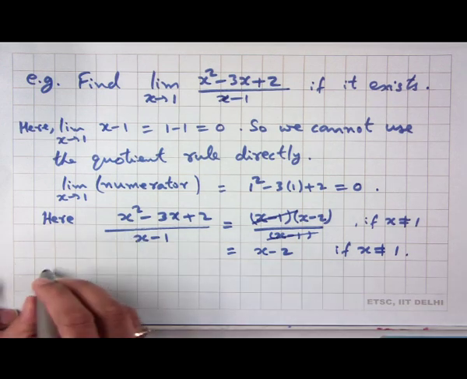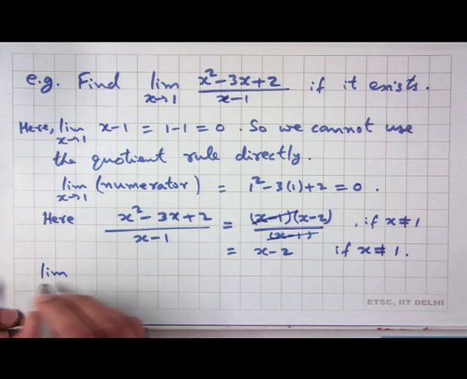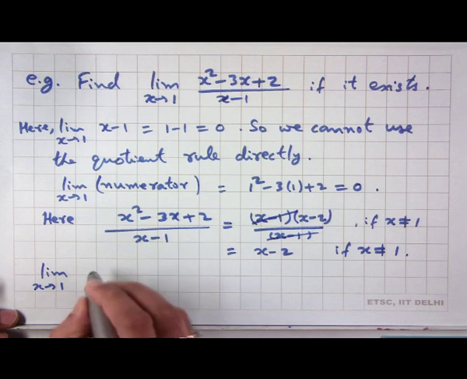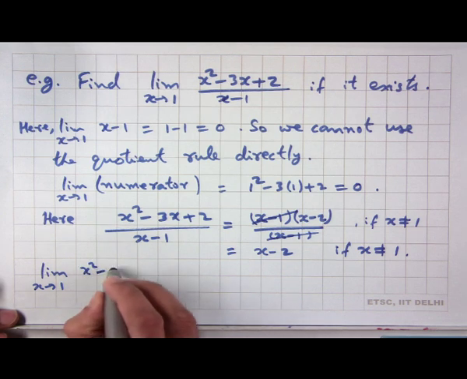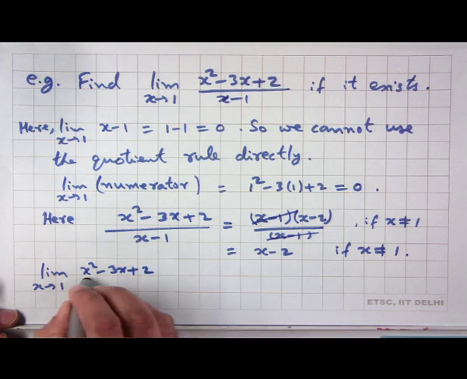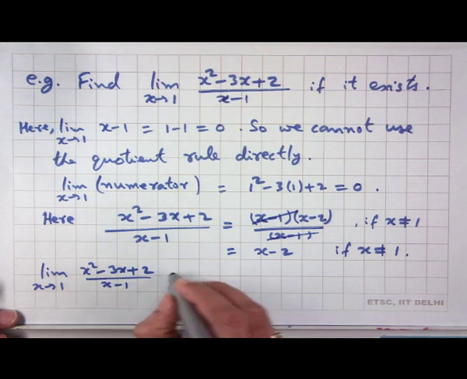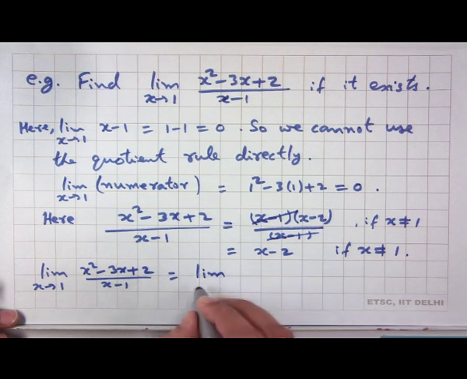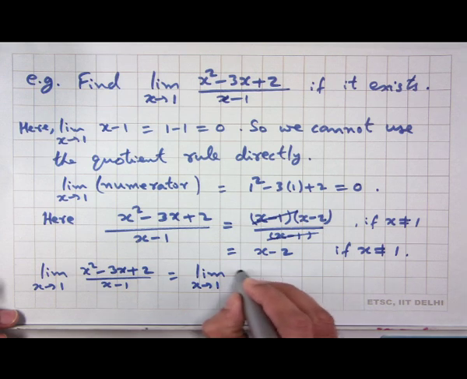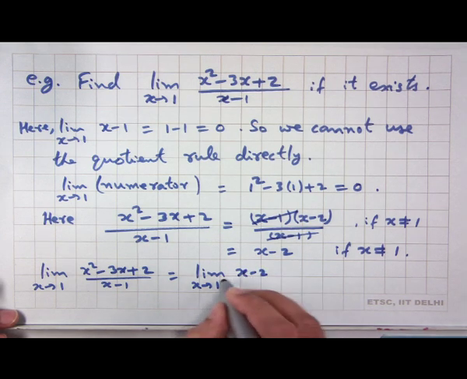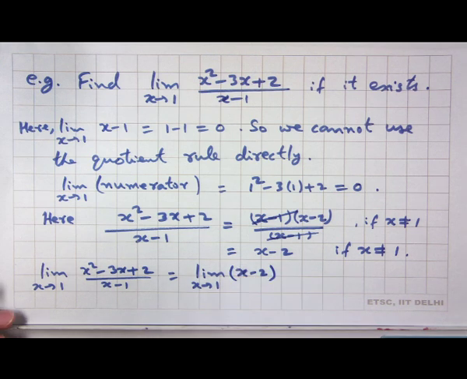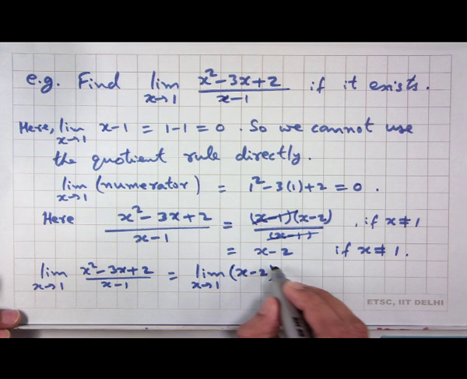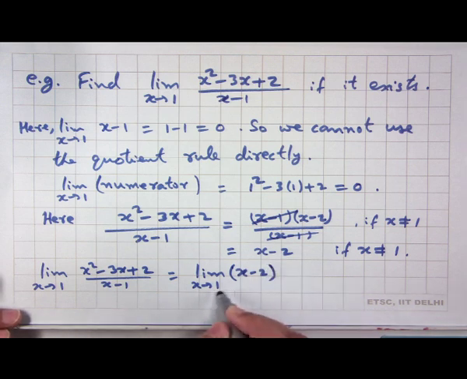So, the limit as x tends to 1 of x square minus 3x plus 2 by x minus 1 is the same thing as the limit as x approaches 1 of x minus 2, because remember that while calculating the limit we do not have to consider the value of the function at x equal to a, we only need to know what happens when x is sufficiently close to 1.